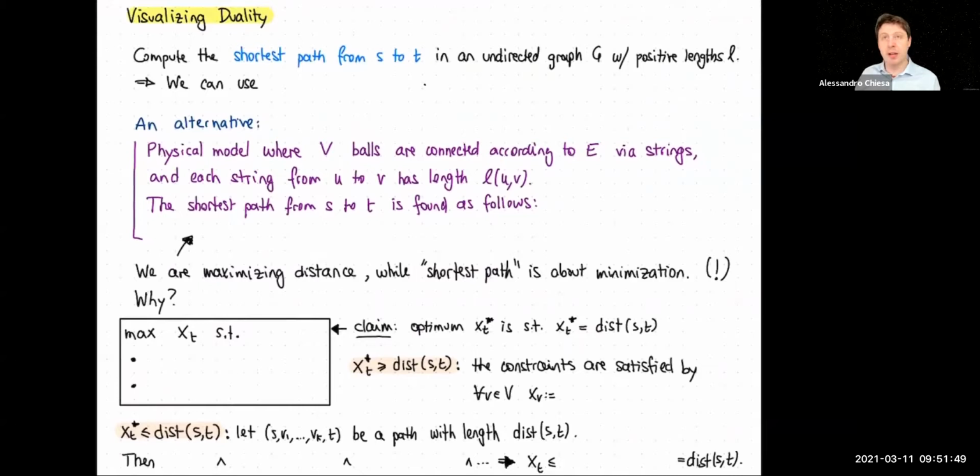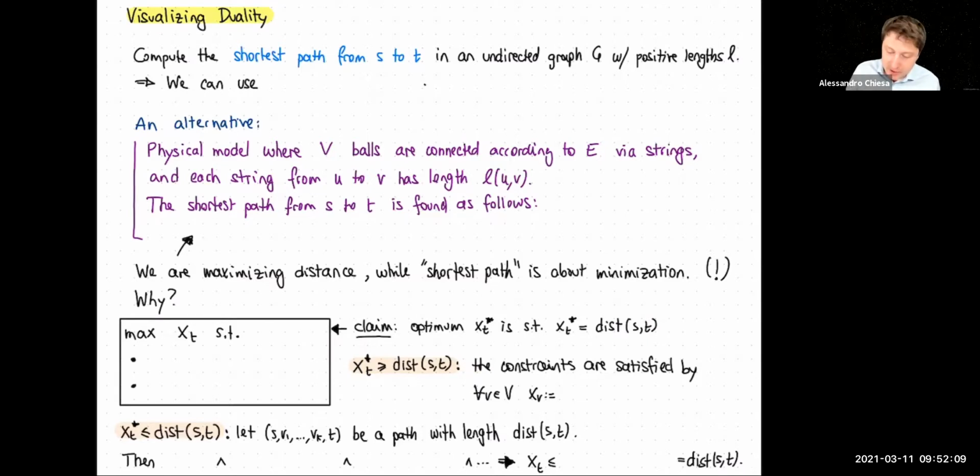All right, so let's talk about an example of duality. This is really straight from the book. I think it's a very cool observation. We can actually try to think of duality in some physical terms, which is pretty astonishing.